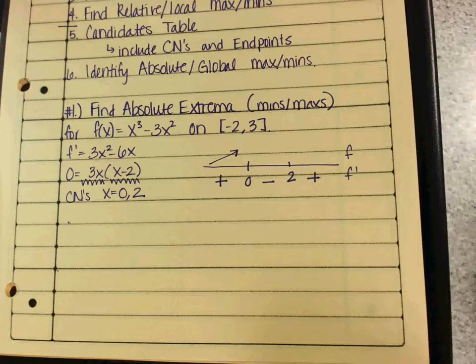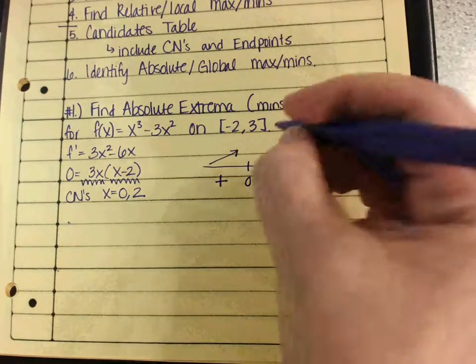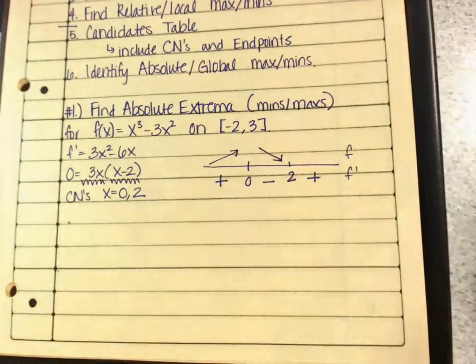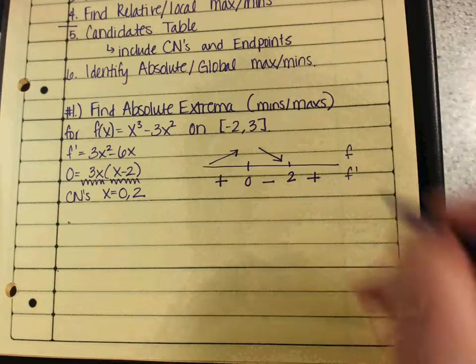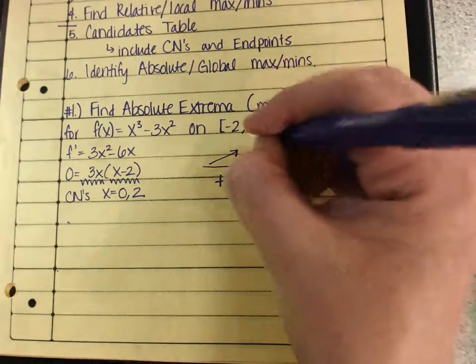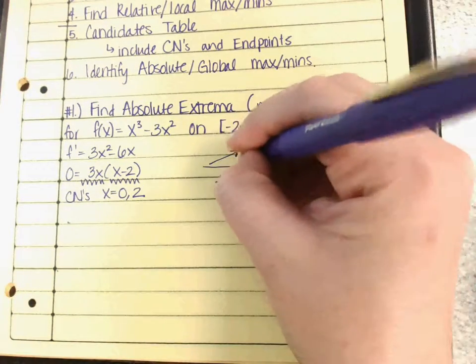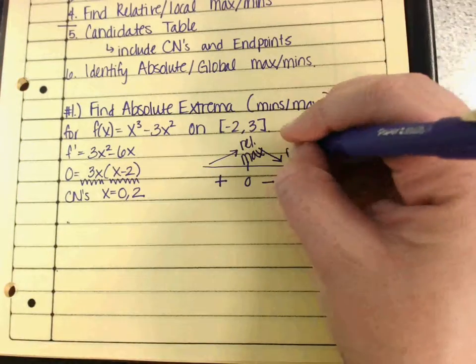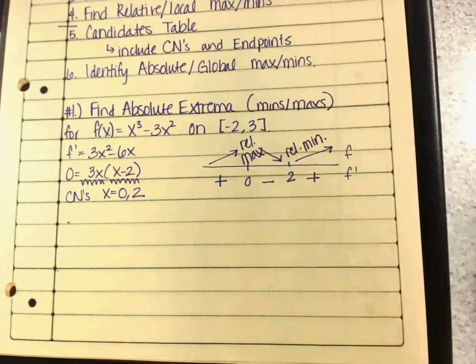Increasing. When f prime is negative, f was decreasing. And then when f prime was positive, f was increasing. So who are my relative winners? I have a relative max at 0. I have a relative min at 2.